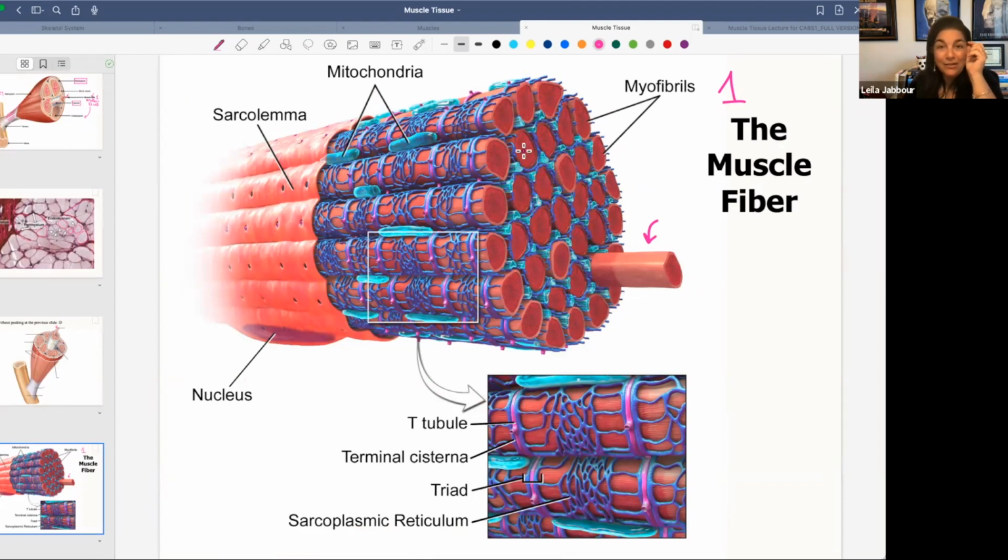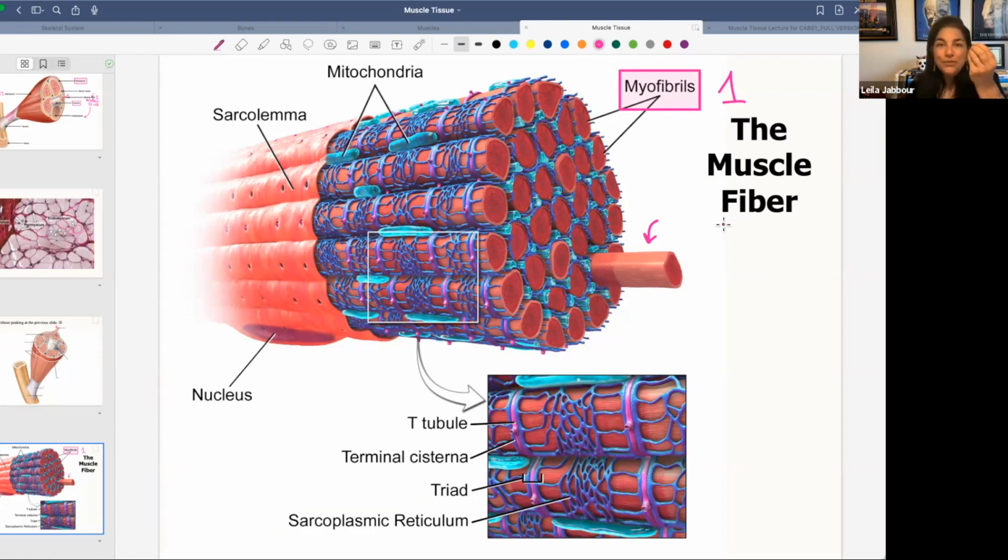Inside of the cell, we have myofibrils. Don't confuse them with the cells themselves. They run the length of the cell, and the cell is very, very long. Inside this very long cell, you have all of these very, very long tubes that are literally next to each other and running parallel to each other.